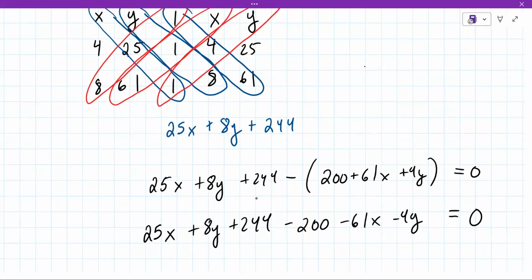And now you combine like terms. I'll let you get caught up here, but when you do, I want you to look for like terms.